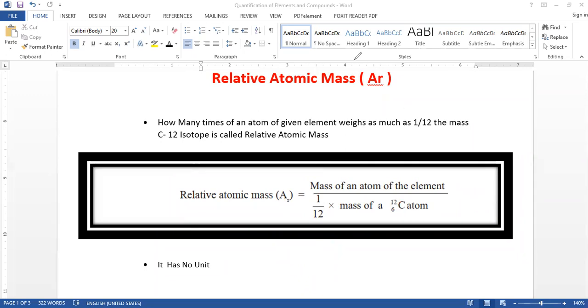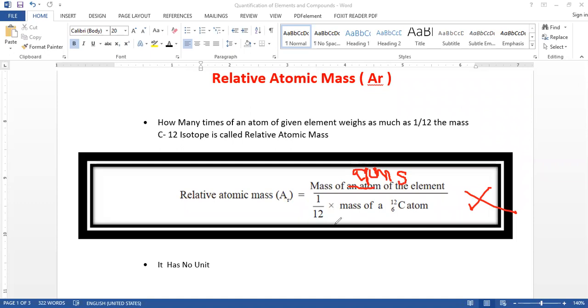And sometimes they give mass of n atoms, not mass of one atom. If they give atoms, is it correct? No, wrong. It must be one atom. There are lots of questions we'll do in the later part of these classes.